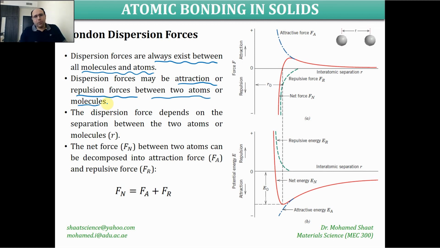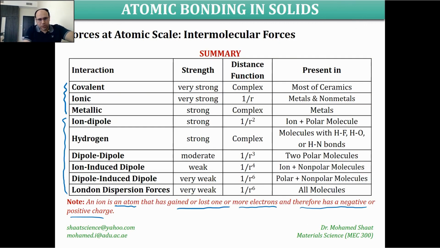So, if we're going to talk about these intermolecular forces in general, all of these different types of forces, their nature is non-bonding. What does non-bonding force mean? It means that when two objects, like two molecules, come together, this force is generated.